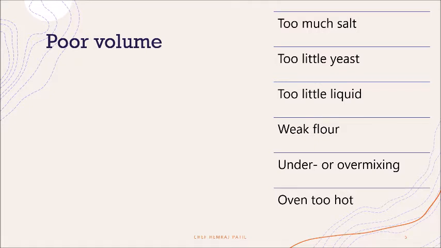Next is a weak flour. Basically, for making the breads, you must use bread flour, which is also called the strong flour, because the weak flour contains less gluten. And if there is less gluten in the dough, then that would not stop the steam or the gases from escaping from the dough.